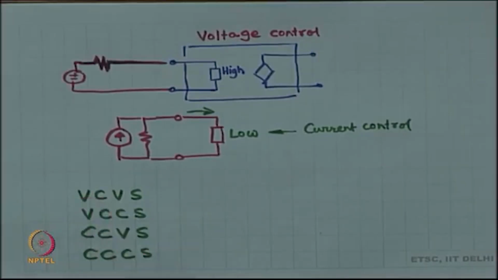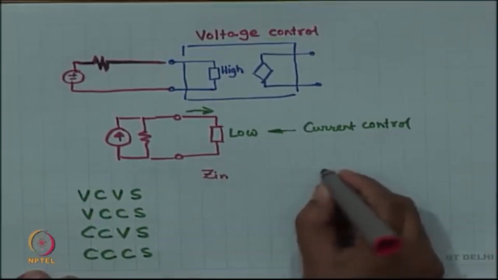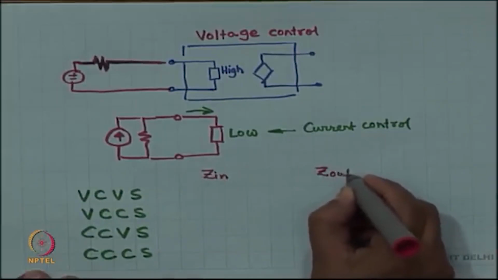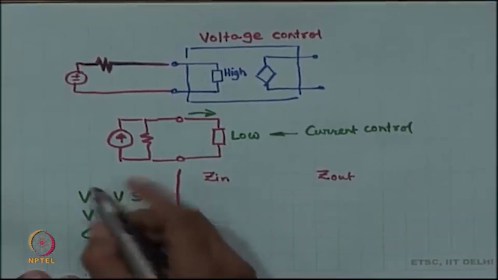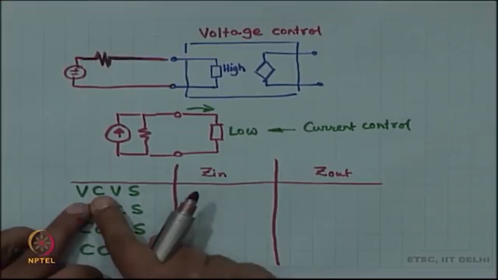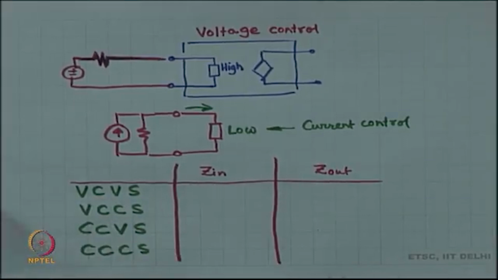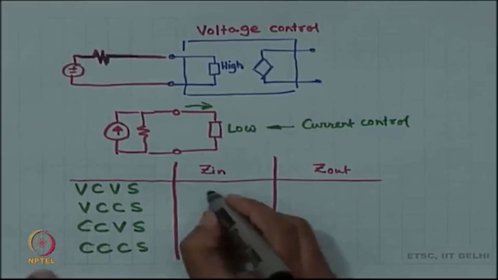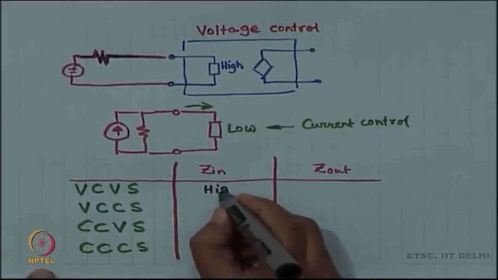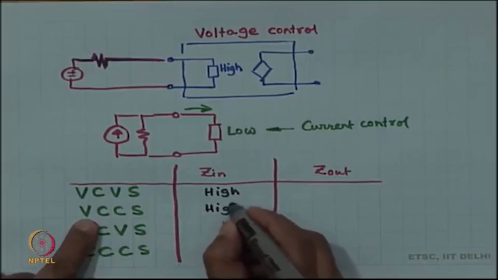Voltage controlled means that the input impedance has to be high.